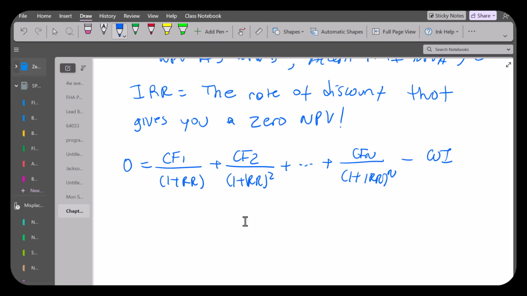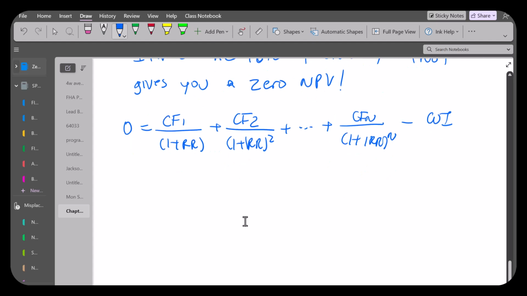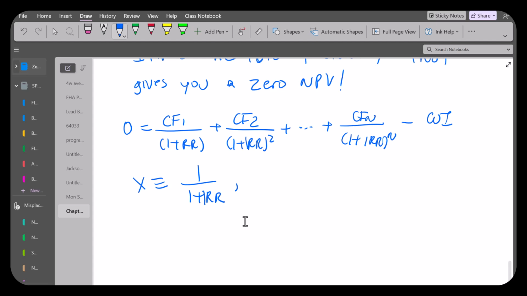In fact, if you define x, this is an nth degree polynomial in x.